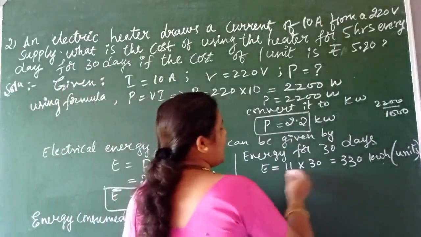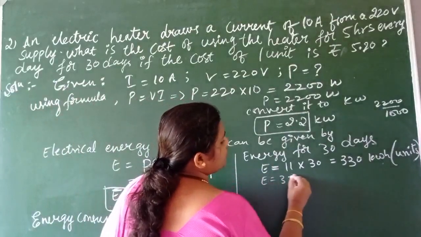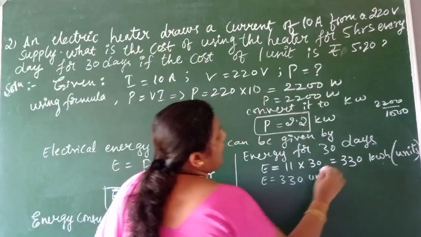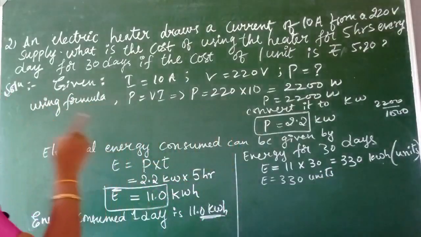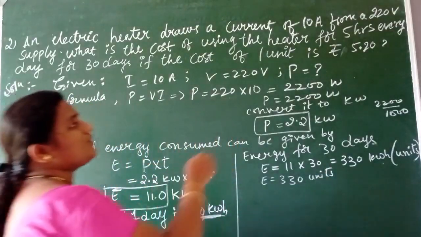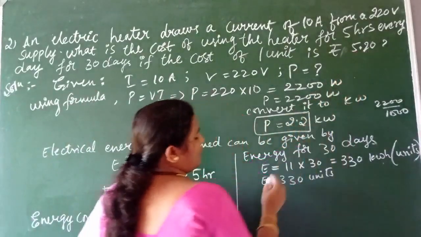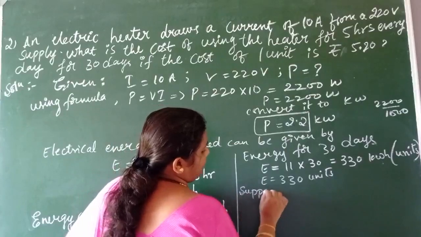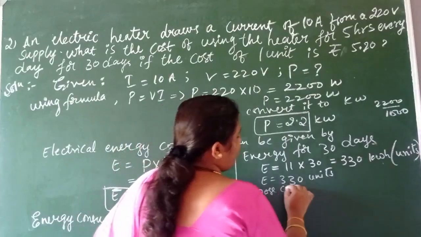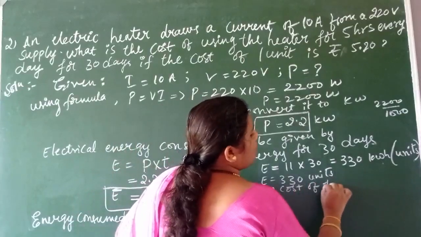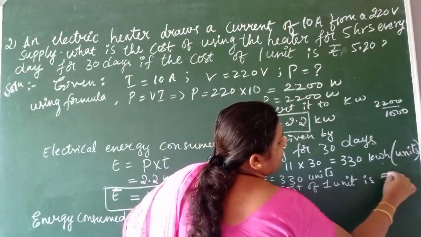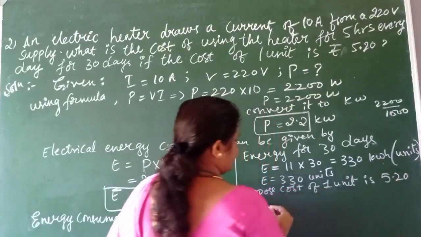So we can write E is equal to 330 units. And they have given 1 unit cost is how much, children? 5 rupees 20 paisa. Suppose the cost of 1 unit is 5 rupees 20 paisa.